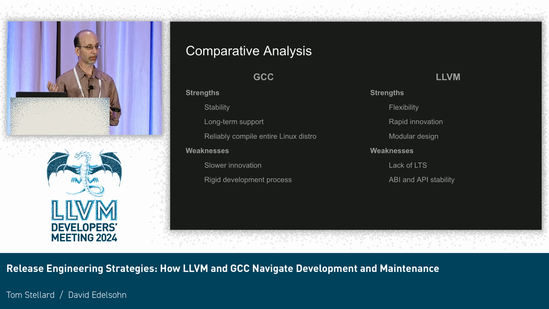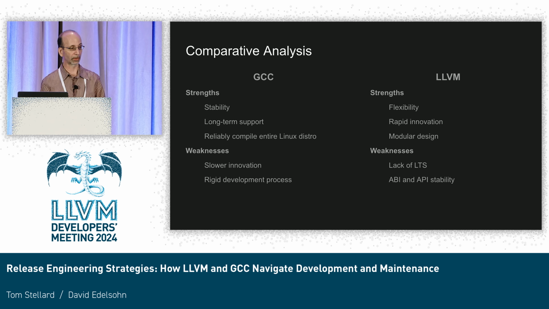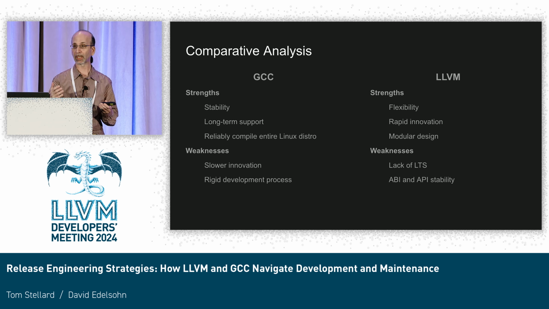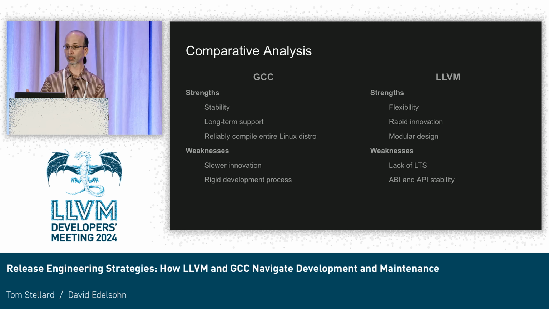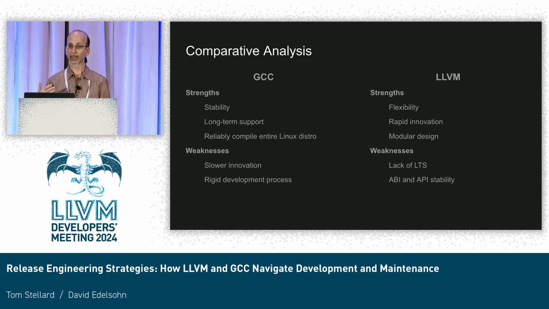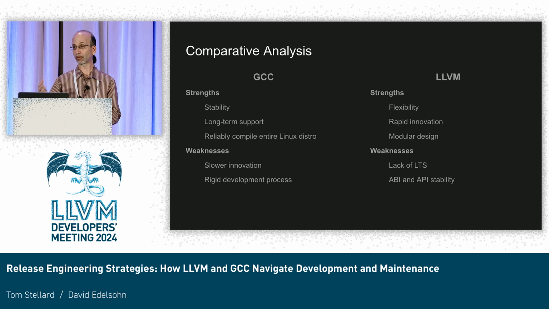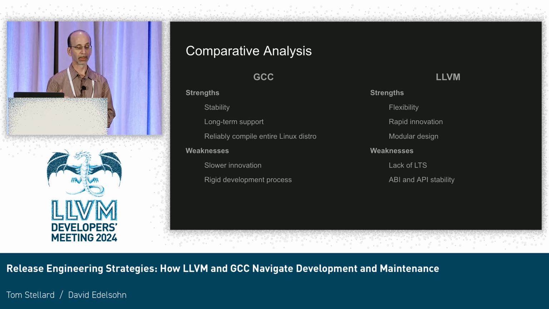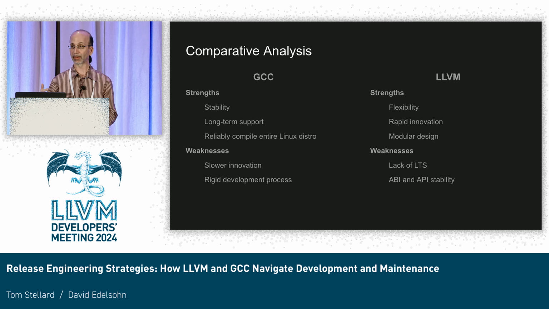So, a little bit of comparison. What I think are the strengths: GCC, as we both mentioned, has a lot of stability for better or for worse. It has this long-term support of multiple years for the official releases, and then the Linux distros themselves provide even more stability and support.